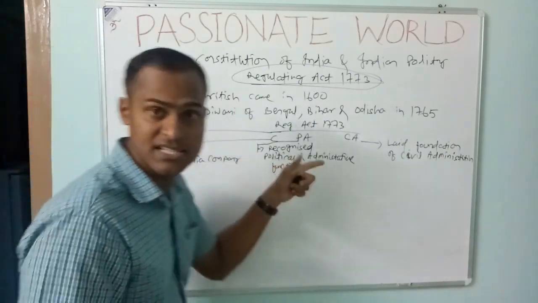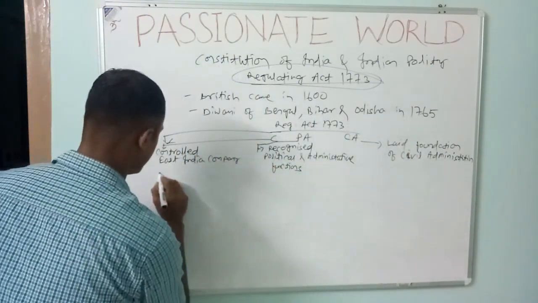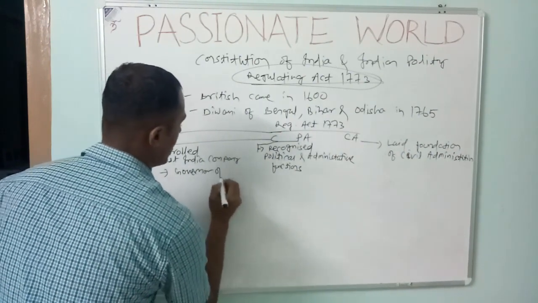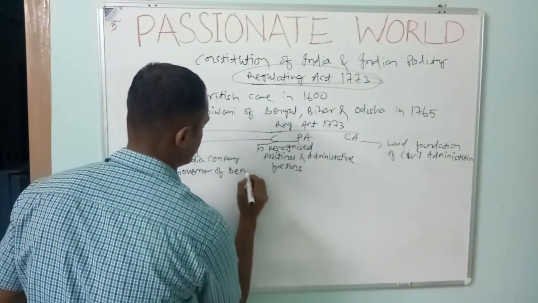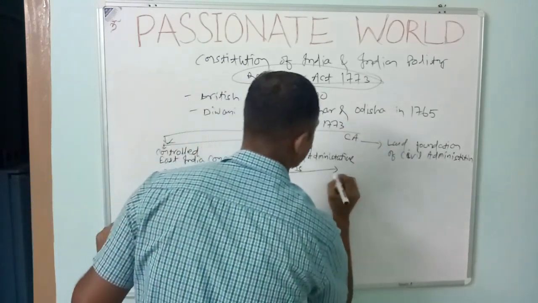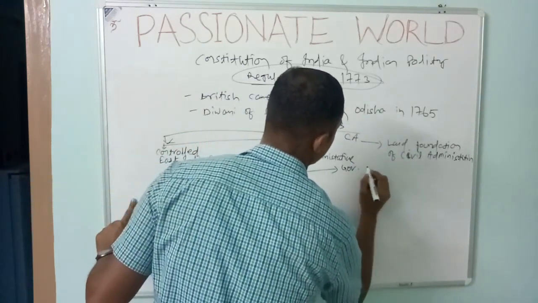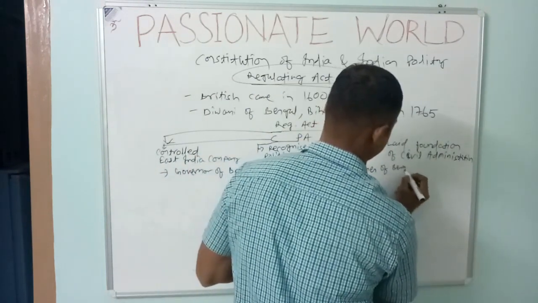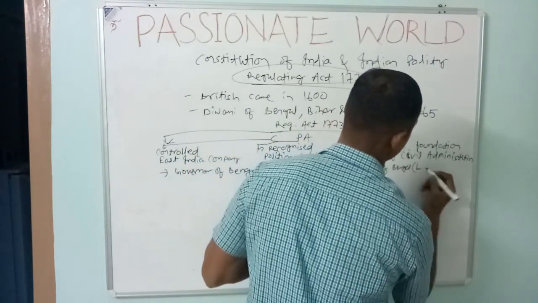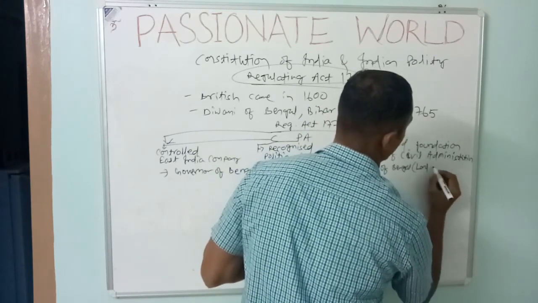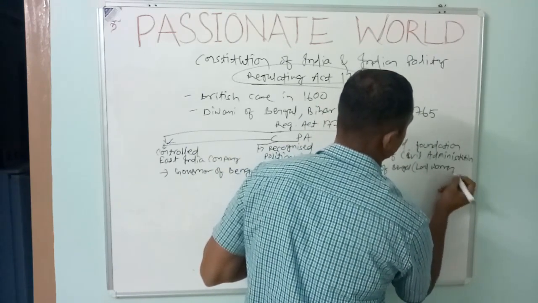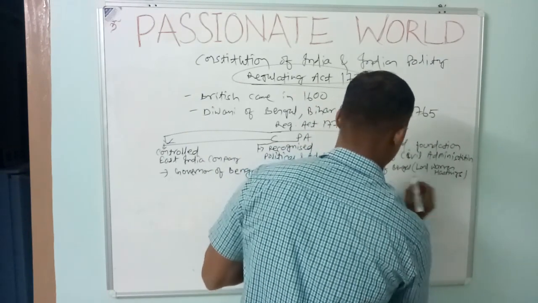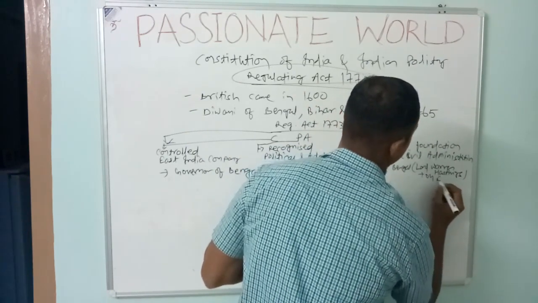And because of the 1773 Act, what happened? The Governor of Bengal became Governor General of Bengal. Who was he? Lord Warren Hastings, plus 04 executive.